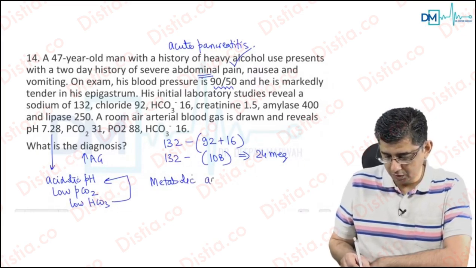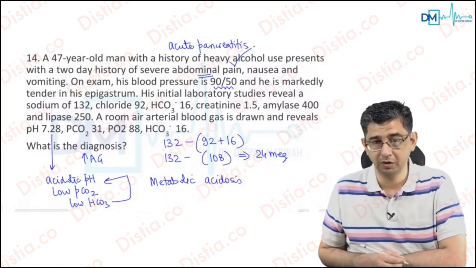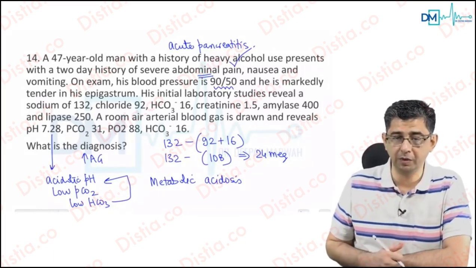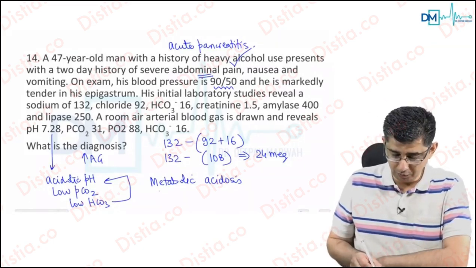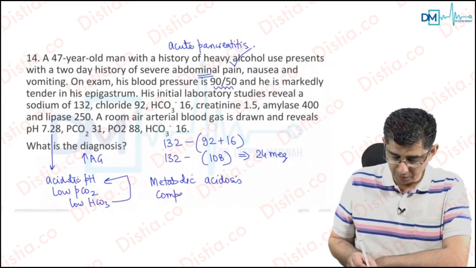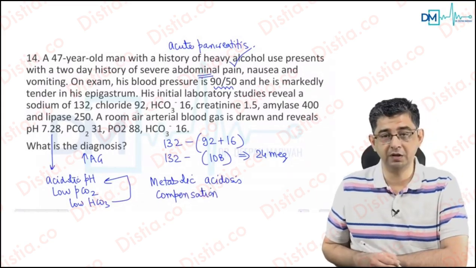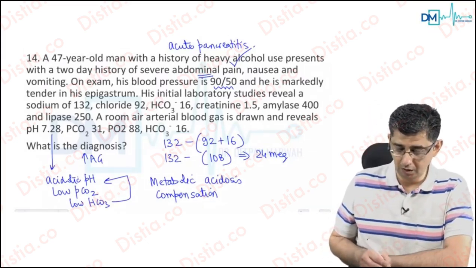I was thinking that this would be metabolic acidosis right in the first two lines of the question, because in any patient of pancreatitis, once you have development of distributive shock, there could be a metabolic acidosis developing. In these patients, there will also be a compensatory process going on. The compensation process will involve hyperventilation in the patient that will contribute to loss of carbon dioxide in the body.